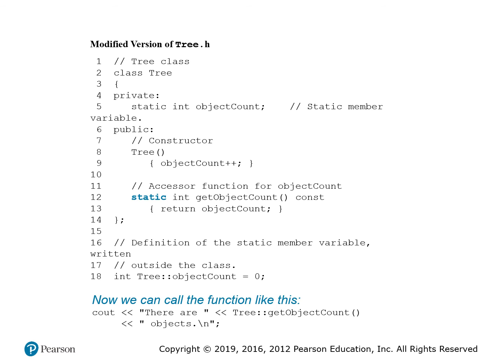So this is the example. We've got a static int objectCount. We increment it every time we construct a new tree so that we have a total number of trees. Ideally, we should also have a destructor that decrements it, so if we ever get rid of a tree, we would count down. And then we have static int getObjectCount that simply returns the value of objectCount.